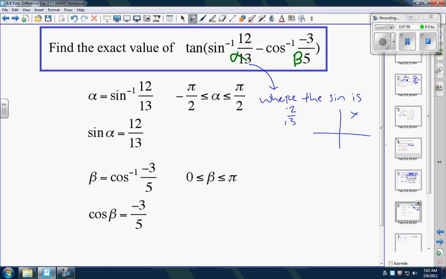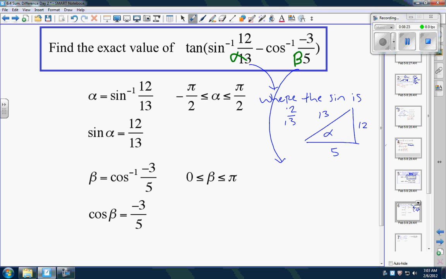So there's one positive, there's one negative to make that guy a one-to-one function. If it's positive, it's got to be in quadrant 1, okay? So our alpha is in quadrant 1. Here's a 12, 13, and this guy should be a 5. That's just a Pythagorean triple, and you guys can check that, okay?